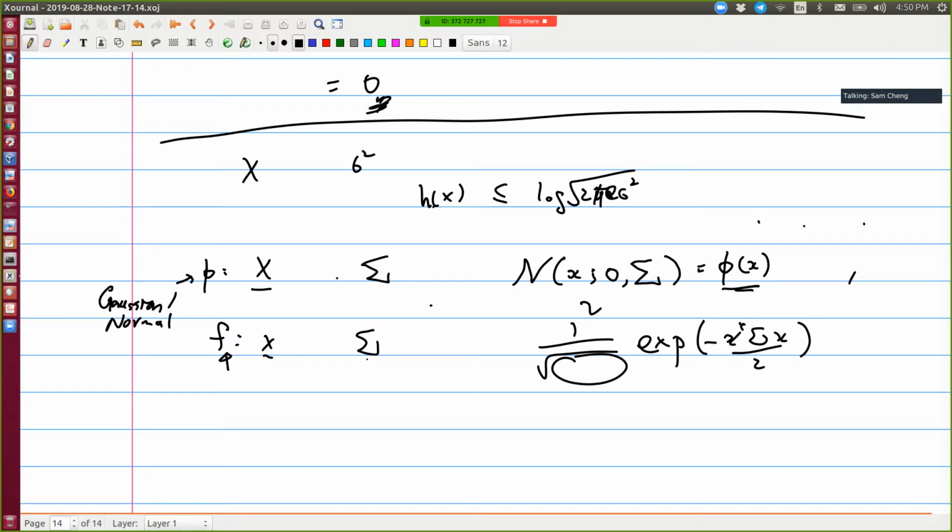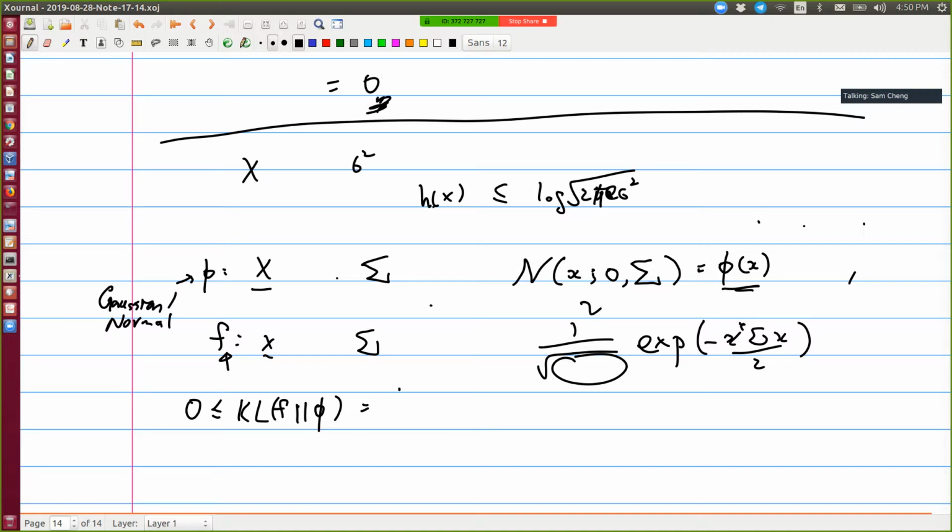Now let's consider the KL-divergence between f and phi here. Of course, we know that this has to be bigger than or equal to 0. That's what we just showed earlier.